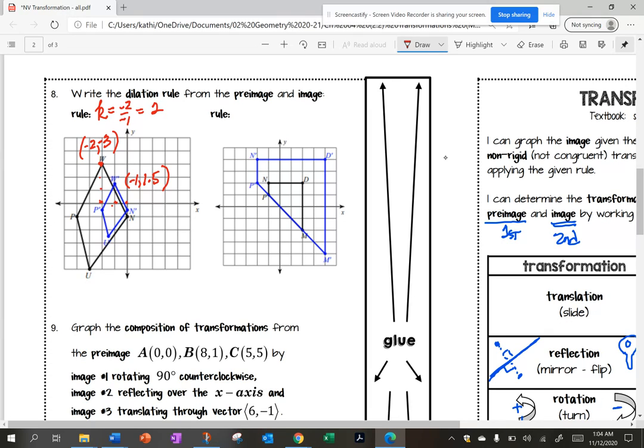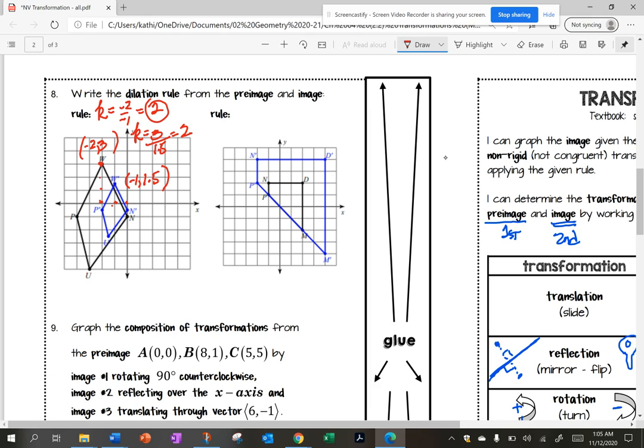If I use my Y coordinates, this is a +3 here, not -3. So this would be 3 divided by 1.5, which is 2. So my scale factor is 2.